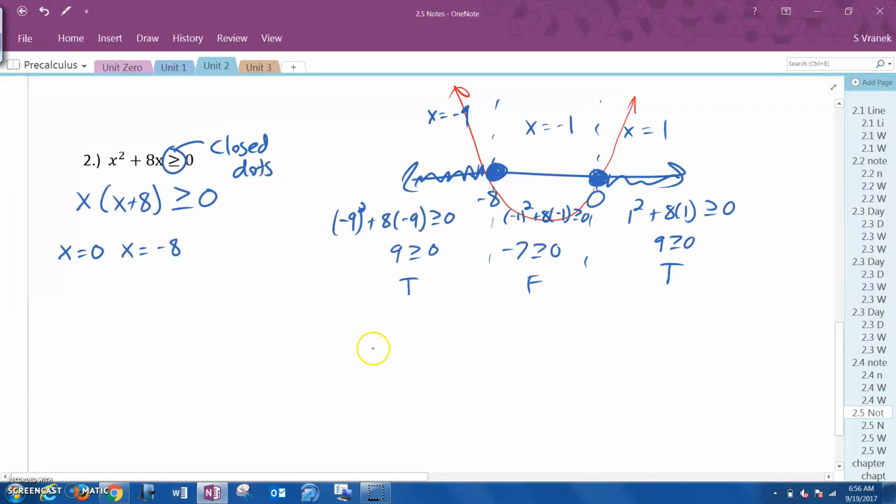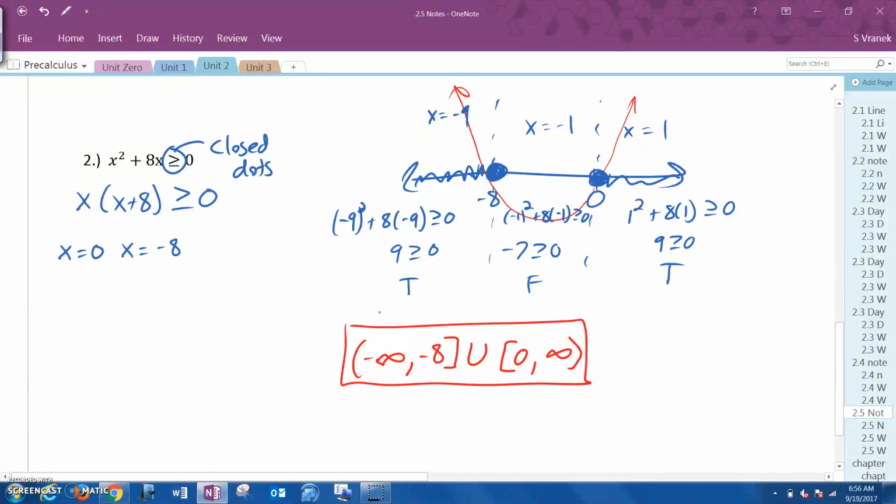So the answer here for interval notation would be negative infinity up to negative 8, and we're including that, union, we're including 0, and we're going off to infinity. That would be our interval notation. Again, you can say x is less than or equal to negative 8, and x is greater than or equal to 0 for inequality purposes, but I would prefer interval notation.